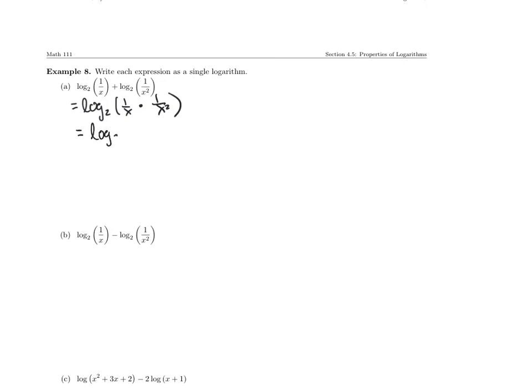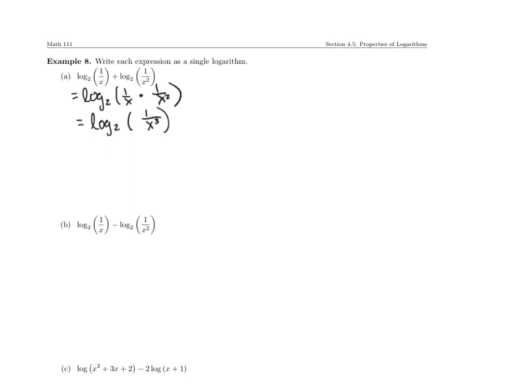This becomes log base 2 of 1 over x cubed. And I'm fine if you leave it like this. You can change this into log base 2 of x to the power of negative 3 if you want, but this is condensed into a single logarithm, so I'm going to say that's good.